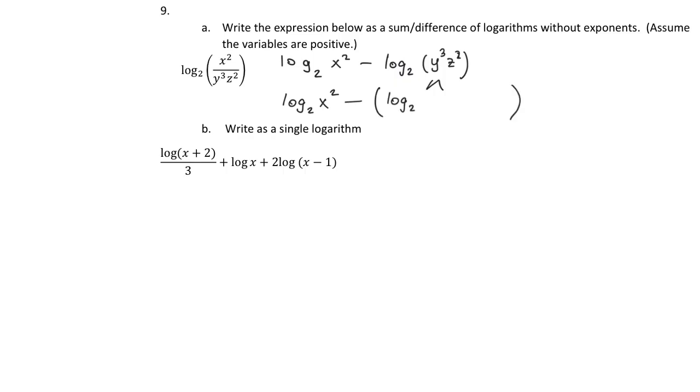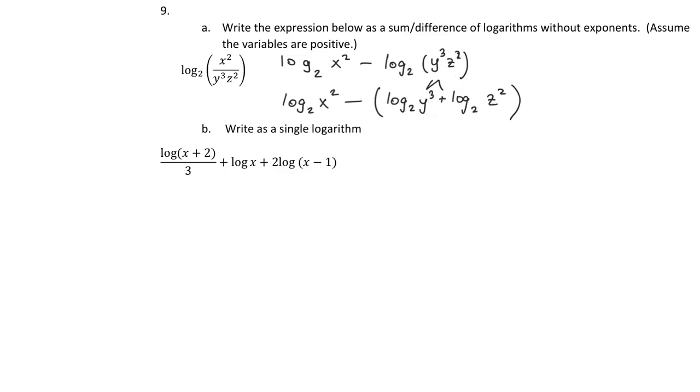So this is log base 2 of y cubed plus log base 2 of z squared. If you didn't include these parentheses, then all you would be subtracting is that first term. But you need to subtract the entire expansion because this entire logarithm is being subtracted.